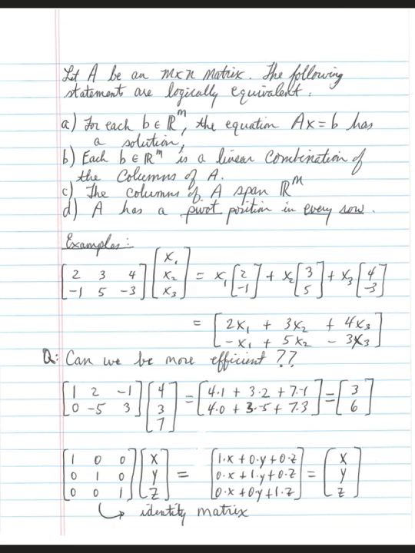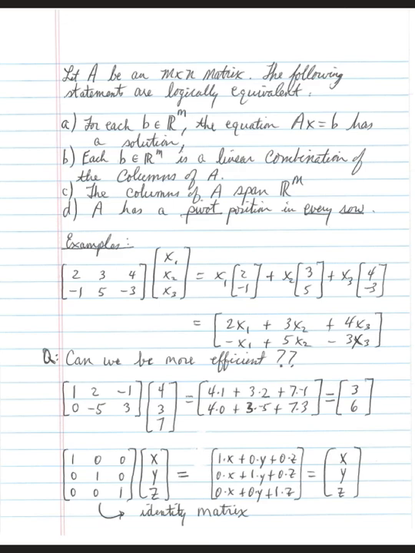If you find a matrix of all zeros except for the main diagonal, and that main diagonal is all ones, that's called an identity matrix. And it's basically like in our numerical system, if you take 1 times any number, the answer is that number.